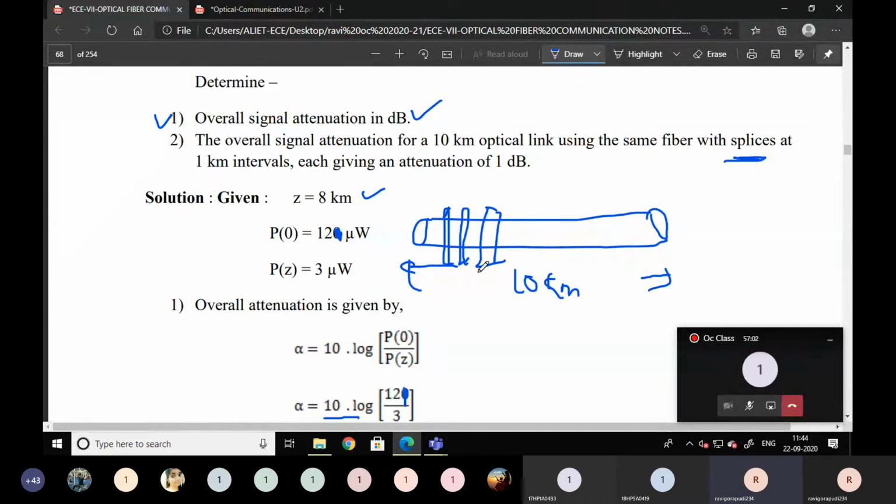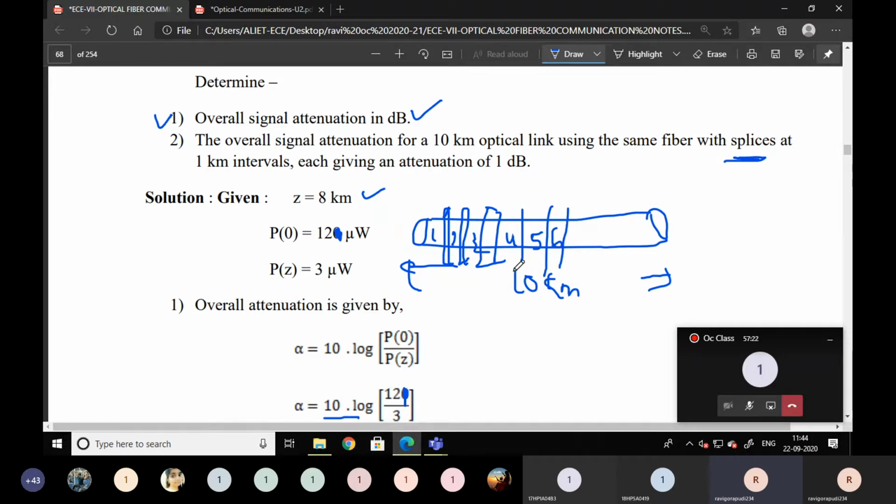Tell me, anyone? For 1 kilometer, I am using one splice. Second kilometer, third kilometer, and fourth kilometer, another splice. Fifth kilometer, another splice. Sixth kilometer, another splice.